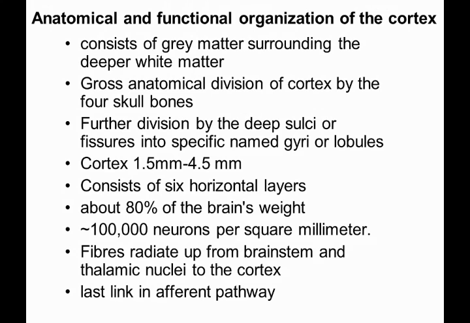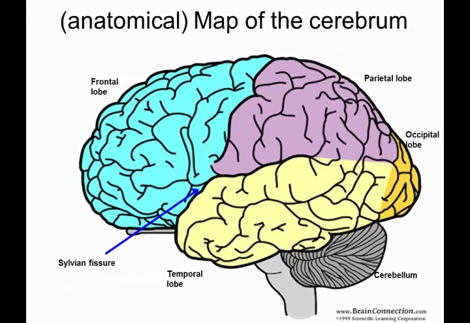The way to fold it up is what we see here. This is where the convoluted structure comes from, because all these fissures, these sulci and lobules, come from the fact that you want to increase the surface. It's exactly the same for a walnut, in fact.